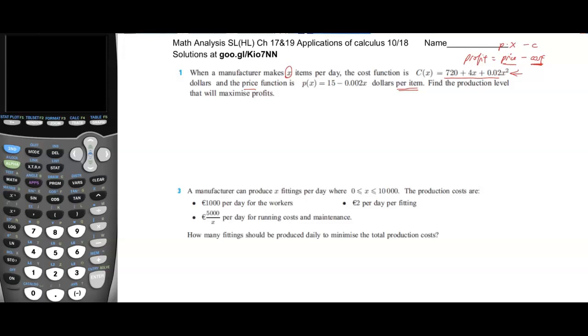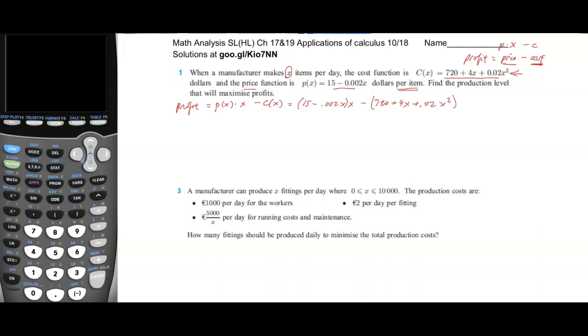So first we're going to have a profit function, which is equal to the price function times X, the number of items, minus the cost function. Let's write that out. The price function is 15 minus 0.002x, and we multiply that times x, and then subtract the cost function, which is 720 plus 4x plus 0.02x squared.